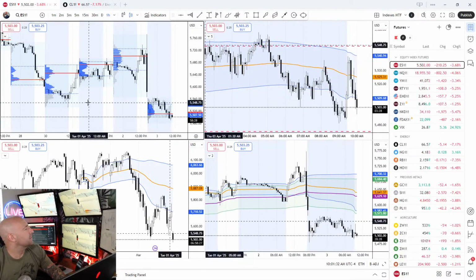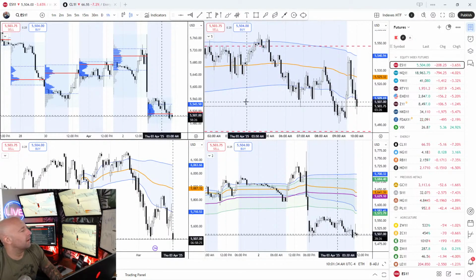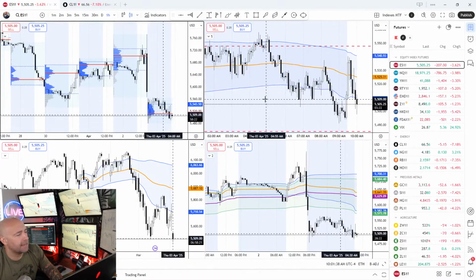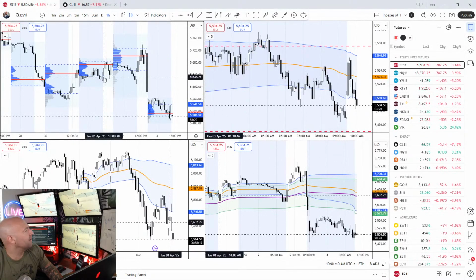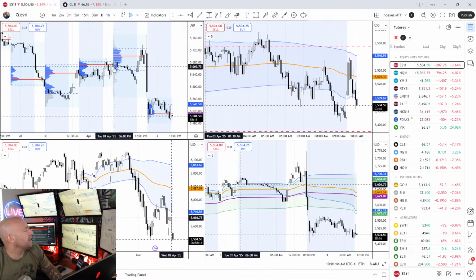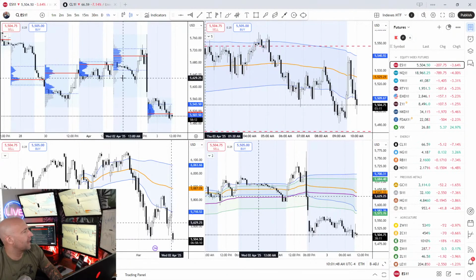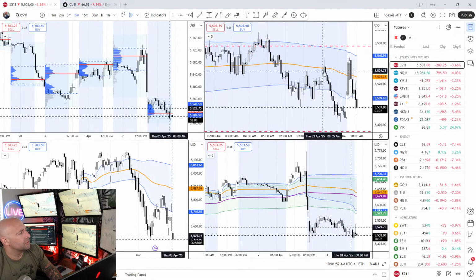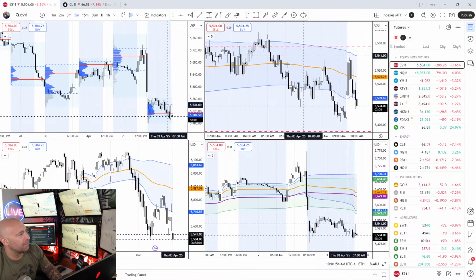So this is my index page for any of you that are not familiar with this layout yet. Top left is the hourly, and I have an entire session volume profile here on the hourly. Top right is the 5-minute, and I use session VWAP and initial balance here.